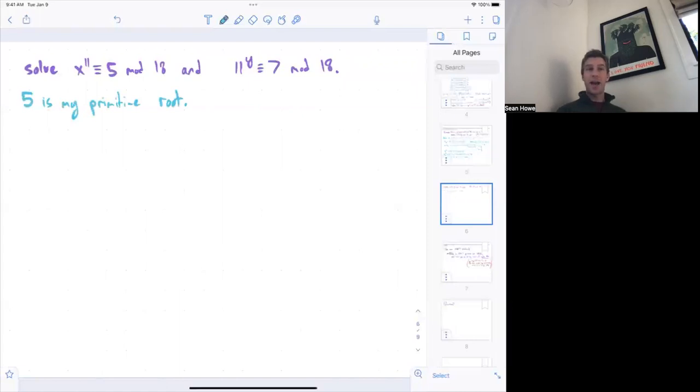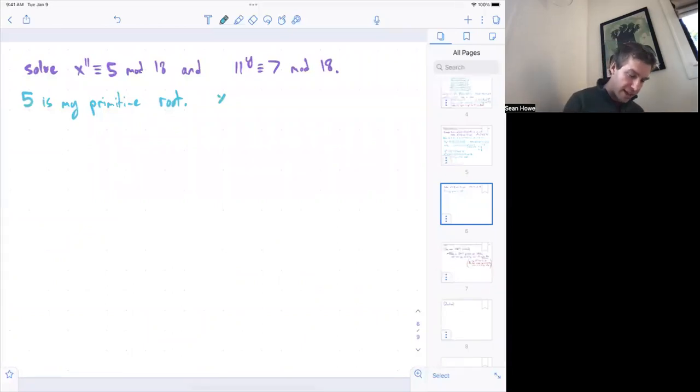And if you remember back on your homework, when you're doing this, it's really convenient if you first write out all of the powers of 5 mod 18. So you give yourself a little logarithm exponential table.